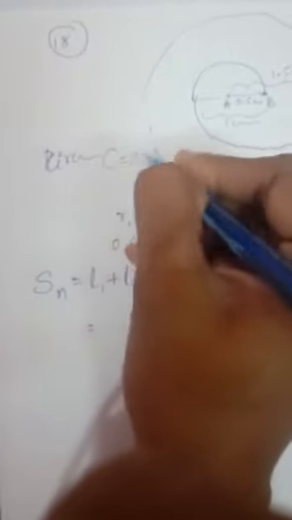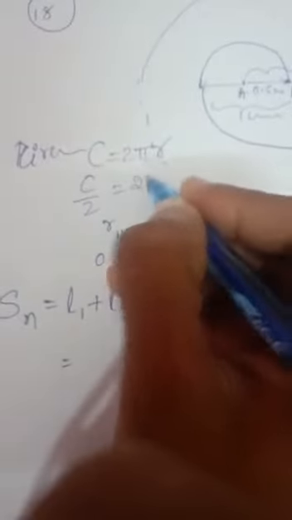Already you learned about the length, perimeter or circumference. Circumference of a circle is equal to 2 pi r. A semicircle means half of the circumference, so 2 pi r divided by 2 means pi r.